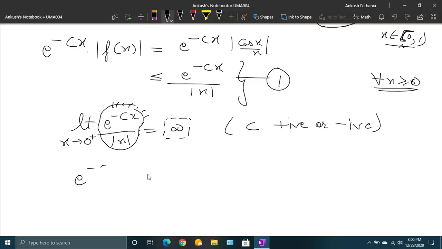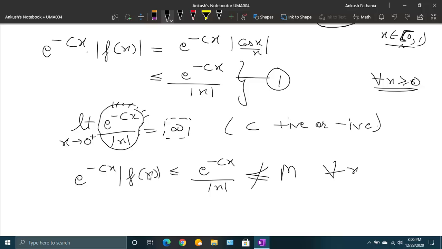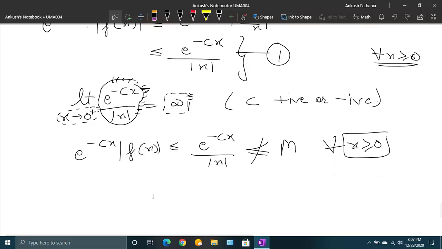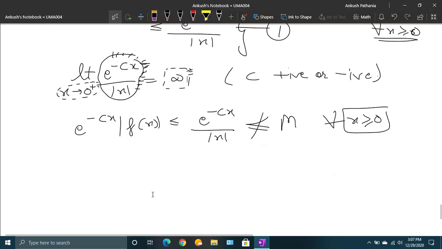That is, e raised to power minus cx times mod f(x) equals this thing, mod x, is not less than or equal to M for all x greater than or equal to 0, because as x approaches 0 the value of this function tends to infinity. You can't bound this value as you approach 0 from the right hand side. So this is not a bounded function as you approach 0.